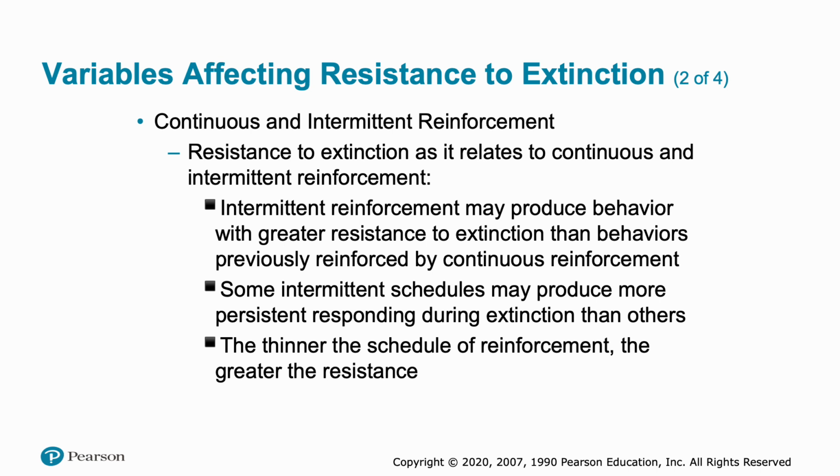It's going to be harder for that person on the VR40 schedule, where they're only receiving reinforcement on average after every 40 responses, to realize that now they're no longer going to contact reinforcement. It might take 100 responses. It might take 120 responses. It might take 200 responses before they finally realize, wait a second, reinforcement is not coming. My behavior is being placed on extinction. And then they stop engaging in the behavior.